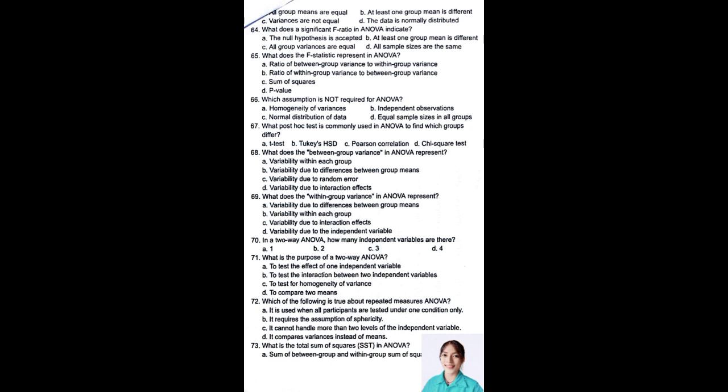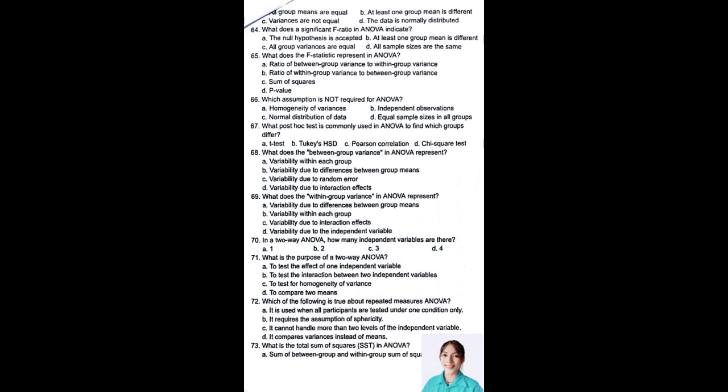Then number 67 is what post hoc test is commonly used in ANOVA to find which groups differ? It's option B, Tukey's HSD. That is the post hoc test that is commonly used in ANOVA to find which groups differ.